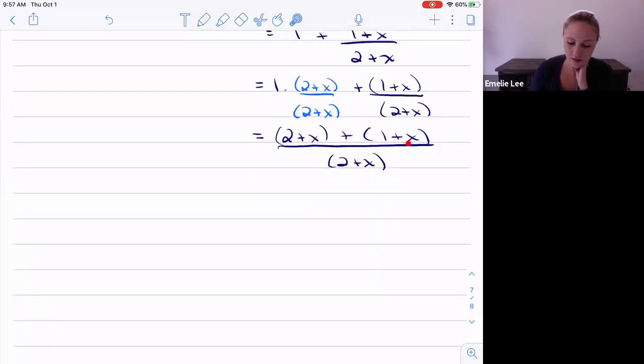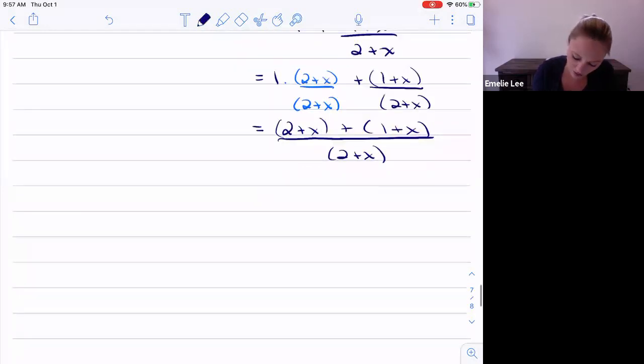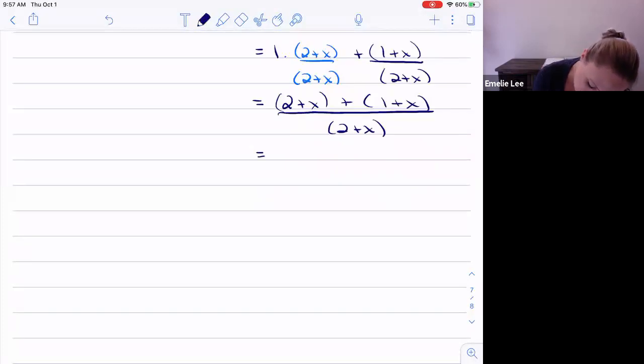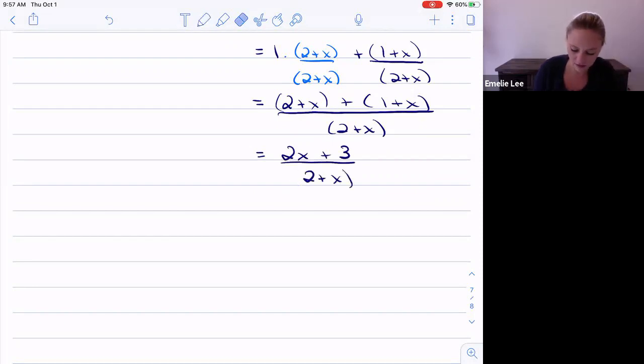Now I'm going to get rid of these brackets and simplify. So 2 plus x plus 1 plus x puts me at 2x plus 3 all over 2 plus x. And I'll ditch these brackets because I don't need them anymore. Again, I'm going to see if I can pull out a 2 plus x or even an x plus 2.